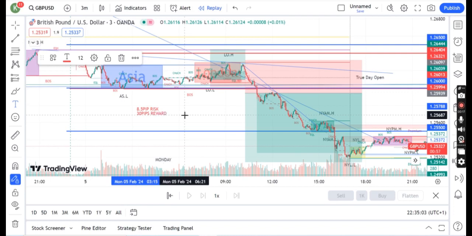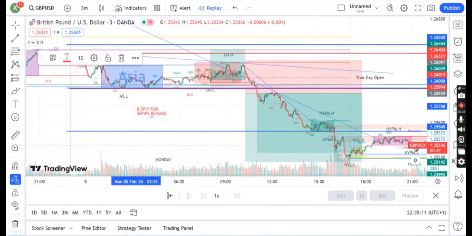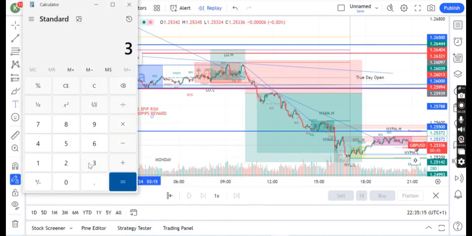Okay, and let's do the maths. You must be very good with maths when you are doing some of these kinds of calculations, so you can get some things right. So let's do the maths. 30 pips divided by 8.5. Let's know what is the ratio now. It will give you 3.5.